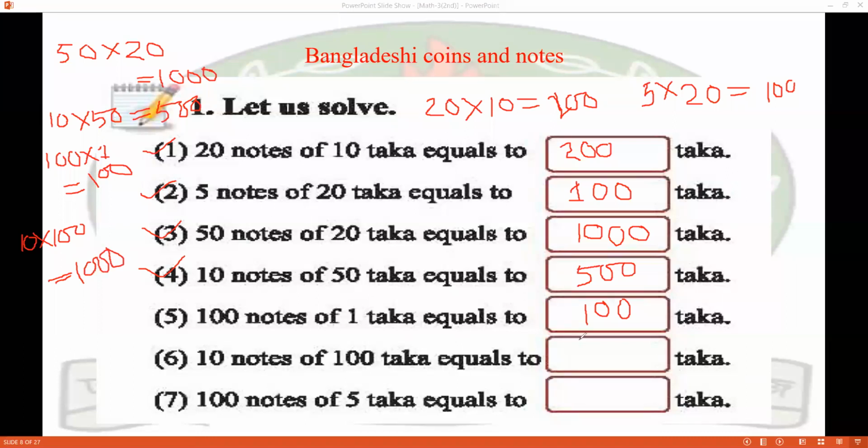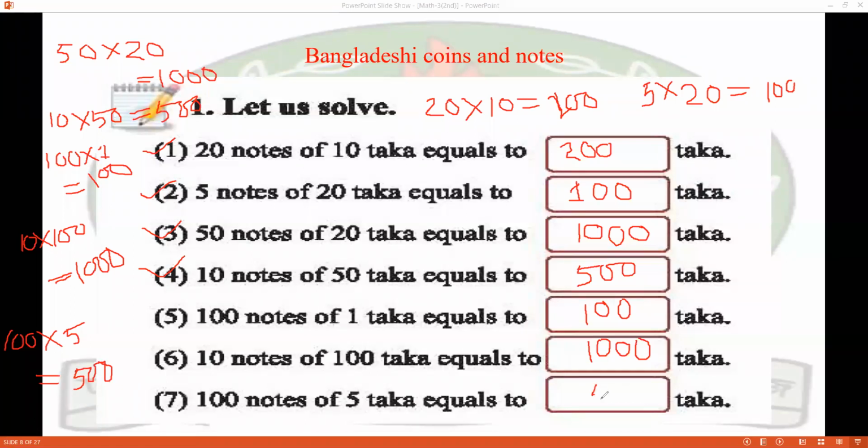So we can write 10 notes of 100 taka is equal to 1000 taka. In the same way, 100 notes of 5 taka is equal to 500 taka.